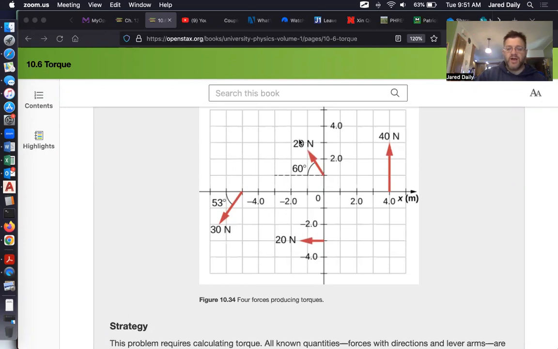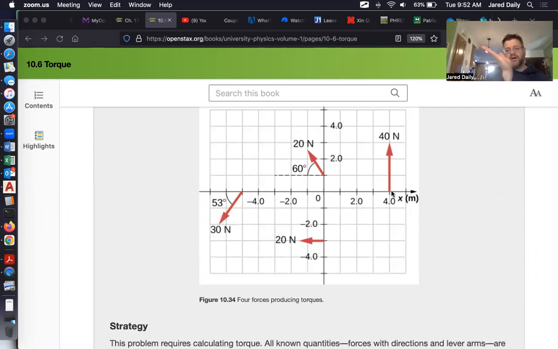So we have R F this way. It's coming out of the page for this top one, this 20 Newton one. For the 40, the R is pointing out to the right.